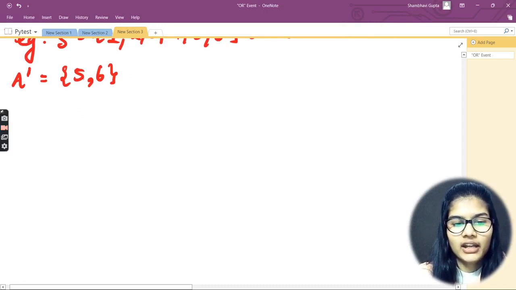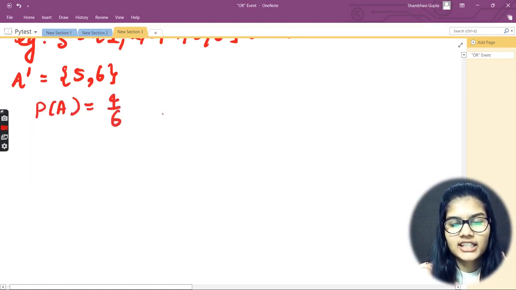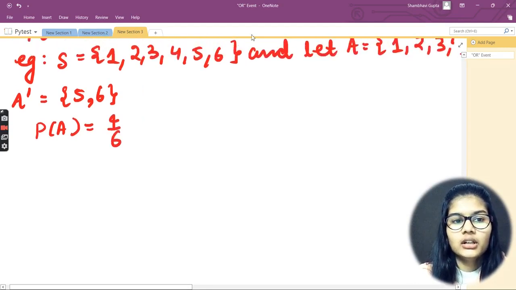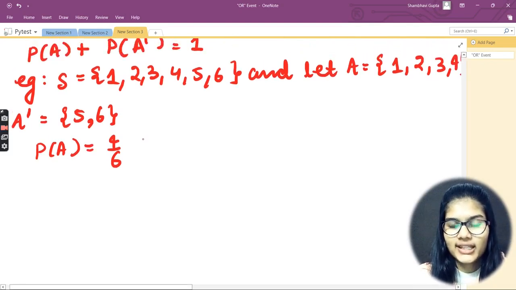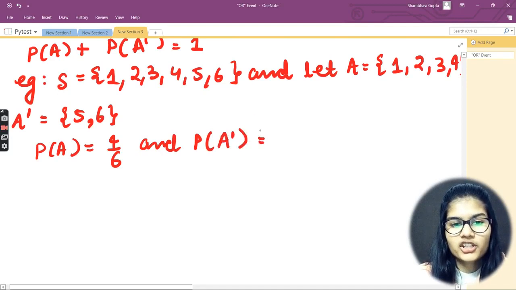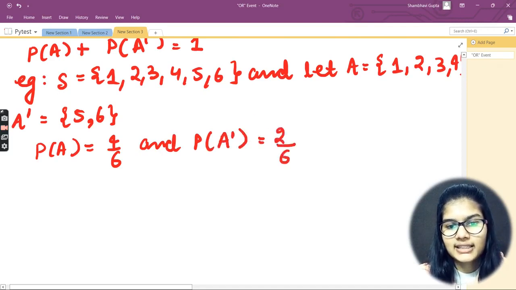Now if I have to find the probability of A, it will be 4 by 6, because in the total sample space you have 6 numbers, and for A you have 4. And the probability of A prime will be 2 by 6.